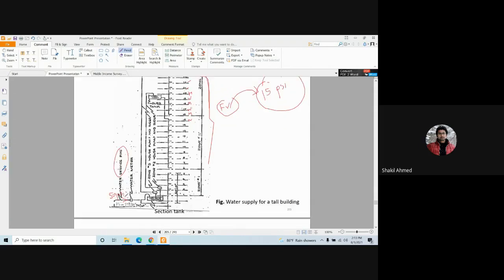First of all, look here. How much is given here, guys? 50 psi. What is the pressure available at the main from the Dhaka WASA or any other public water service authority? 50 psi here. So let's see how many floors we can gain by this 50 psi. Clear?